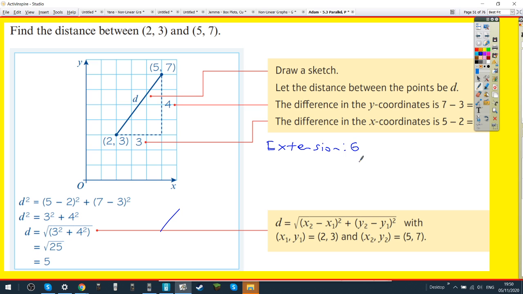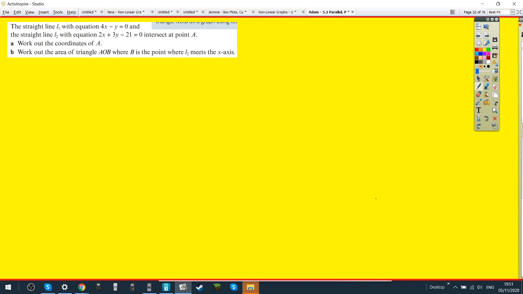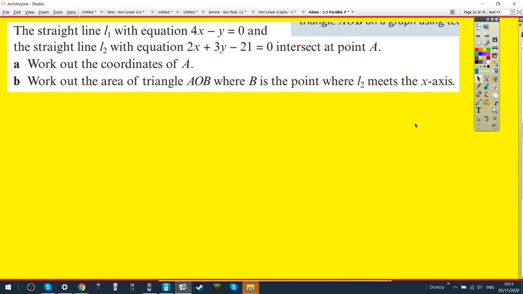How'd you get 6? Isn't the triangle base times height divided by 2? What's the base? Oh, it's 3. 3 times 4 is 12, so it'd be 6 centimeters squared. The area is never very complicated with these because all the other stuff is complicated.